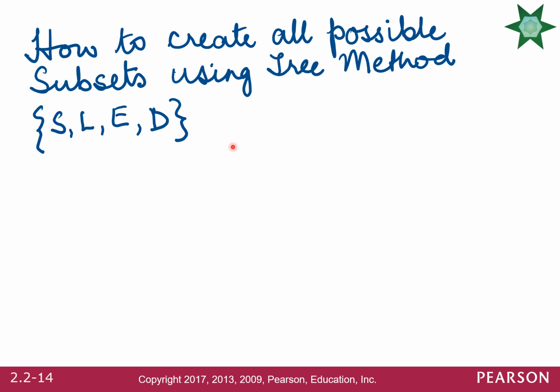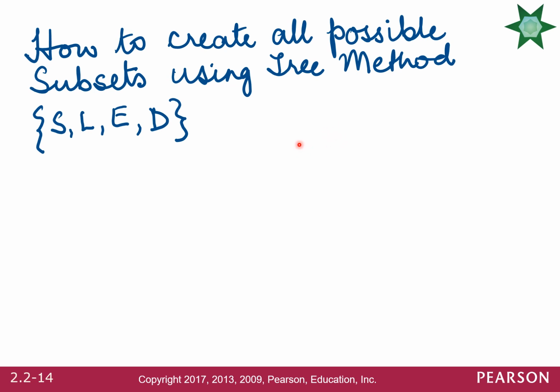Here I'm going to show you a technique of coming up with all possible subsets of a given set using what I call the tree method. I'm going to create trees which capture all different combinations possible of the different subsets, and then we will traverse the tree to get all the elements that we can put in a subset.